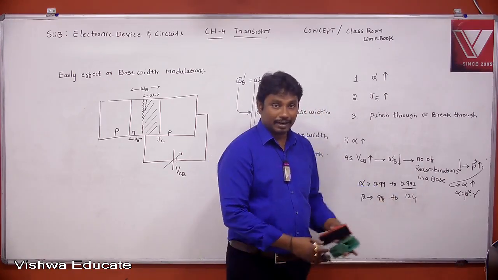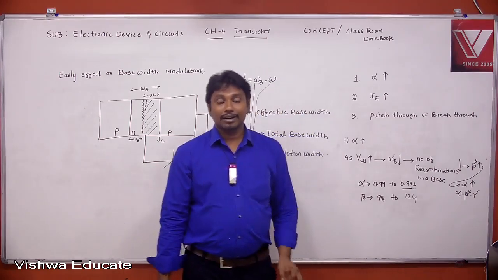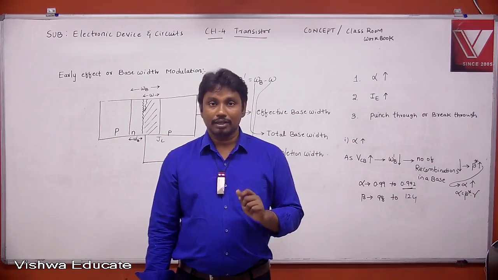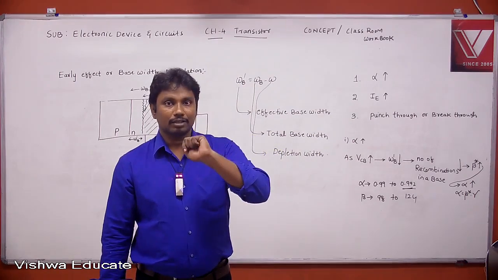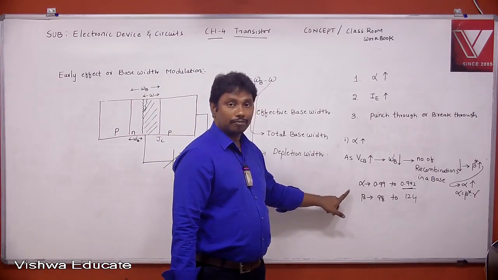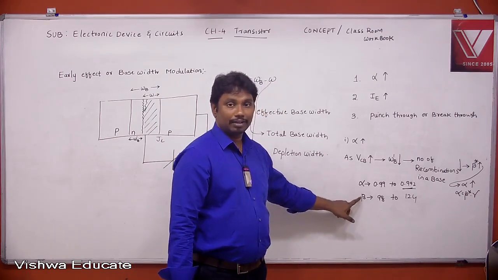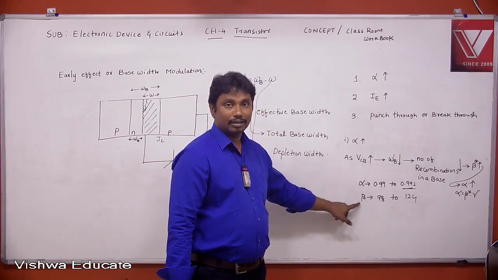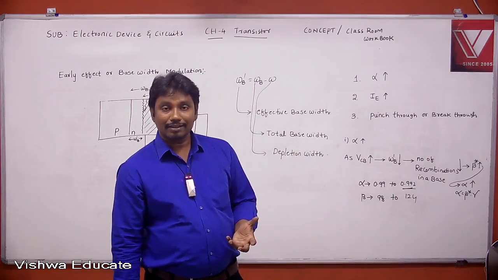Why undesired? What is beta? Beta is a manufacturing parameter. Who decides the beta? The manufacturer. But here, during the operation of the BJT, the beta value changes. That is undesired.